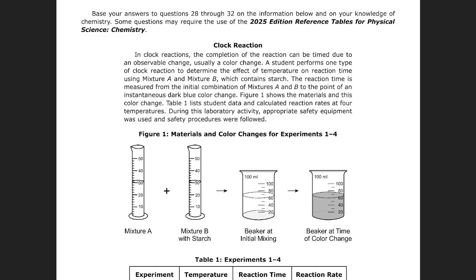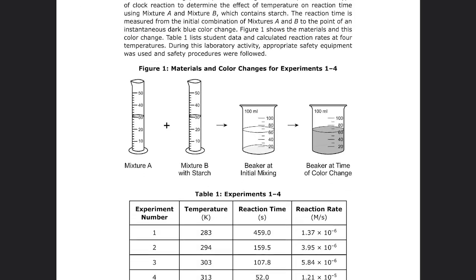The reaction time is measured from the initial combination of mixtures A and B to the point of an instantaneous dark blue color change. Figure 1 shows the materials and this color change. Table 1 lists student data and calculated reaction rates at 4 temperatures. During this laboratory activity, appropriate safety equipment was used and safety precautions were followed.